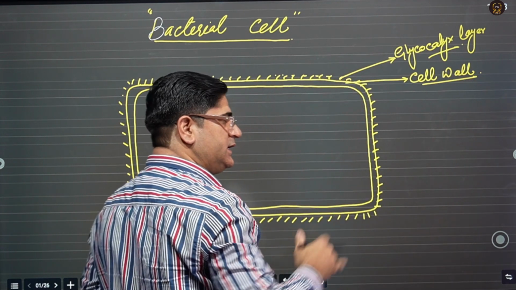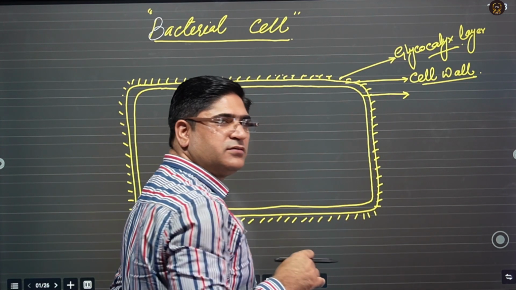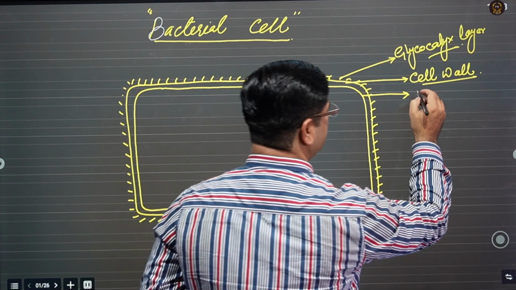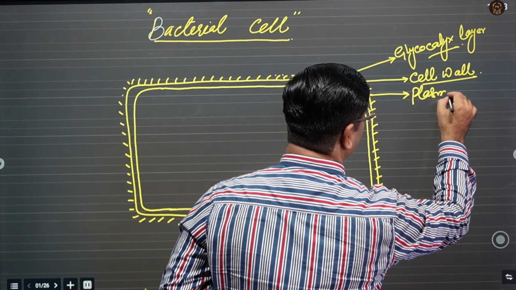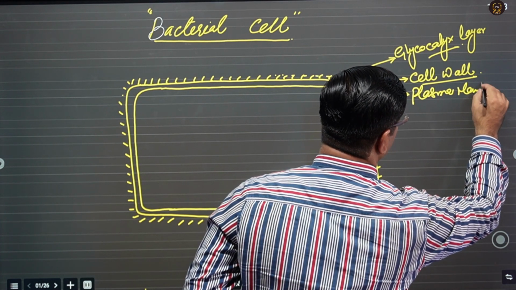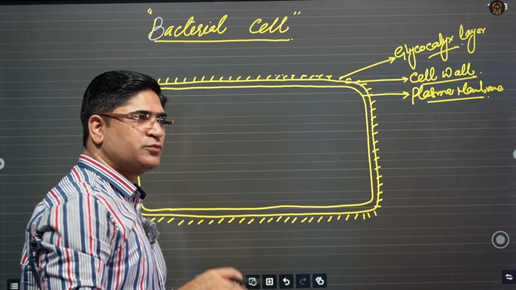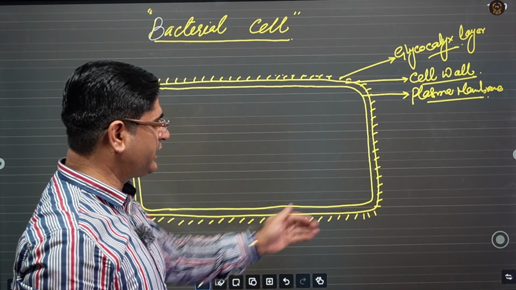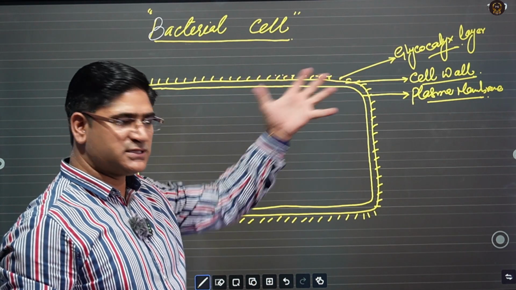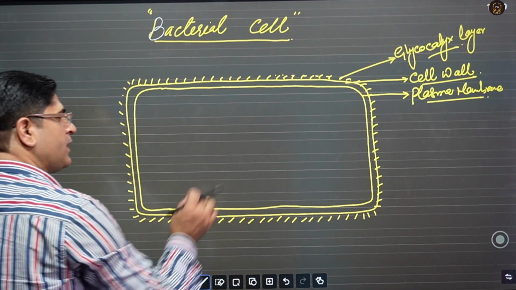Inside the cell wall there is another boundary, another membrane, known as the plasma membrane or cell membrane. So by these three layers the whole bacteria is covered externally. That is the envelope system of the bacteria.